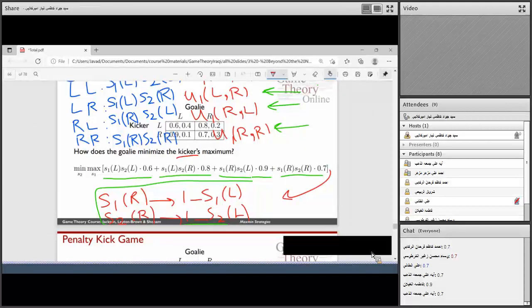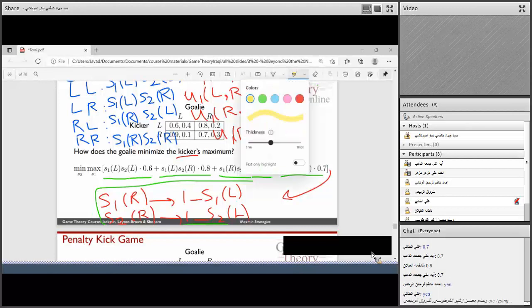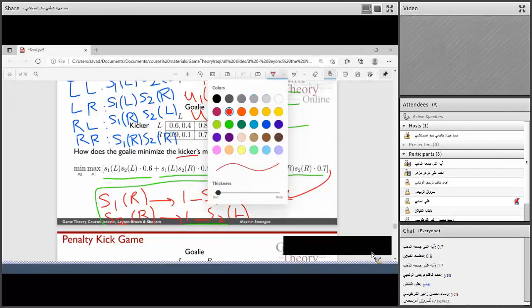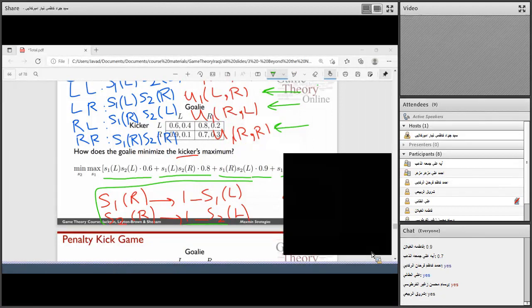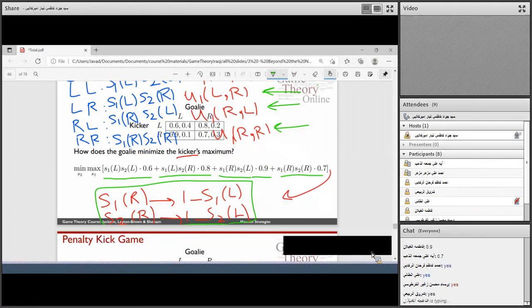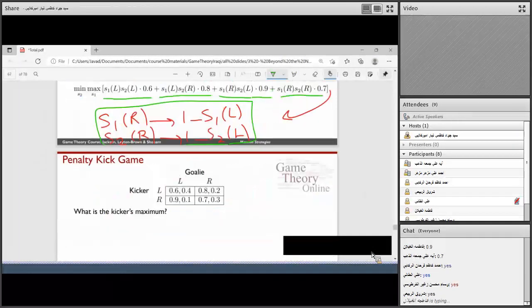Similarly, the probability of user 2 going to right is equal to 1 minus the probability of user 2 going to left. Are we good with that? All right. Excellent. Now let's move forward.